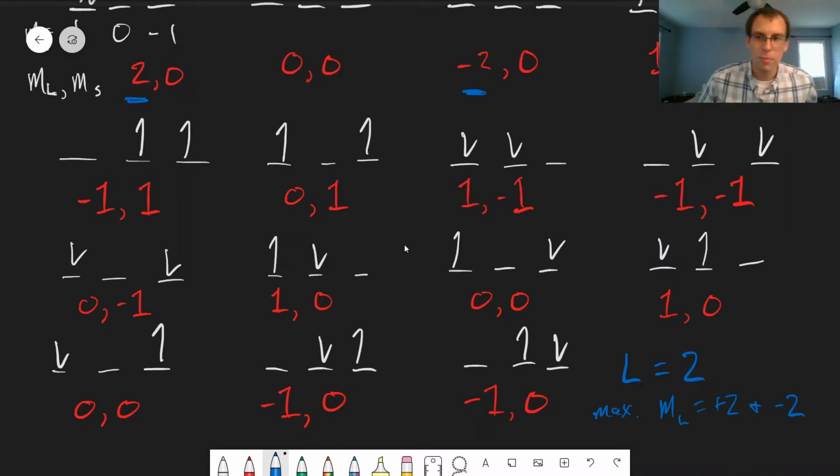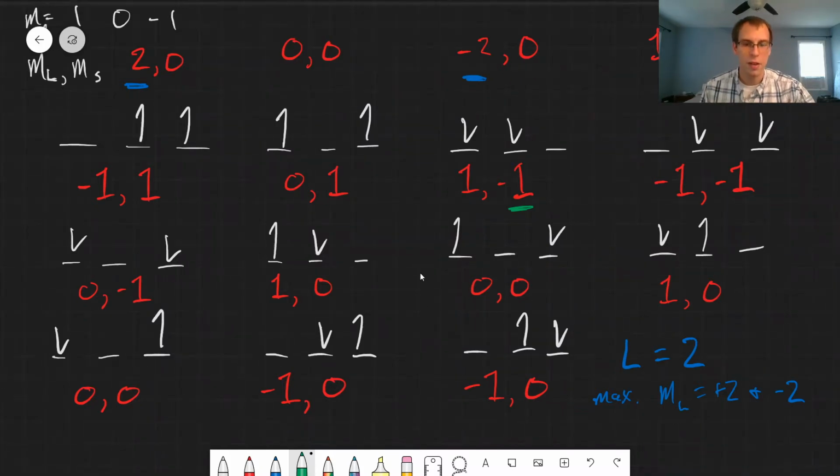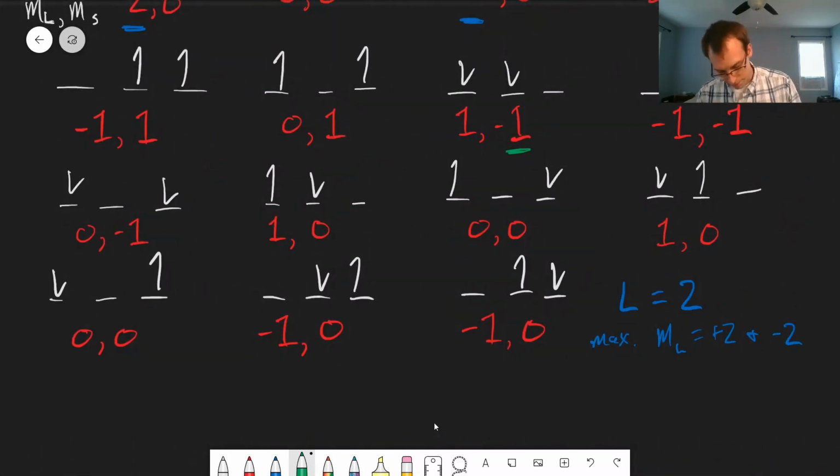There must be a term that involves capital L equals 2. All right, if we look at our S values, our largest possible value is +1 and -1, and we have those repeated a bunch of times. So our biggest possible S value is S equals 1. And we may have some other ones as well. Same for the capital L.